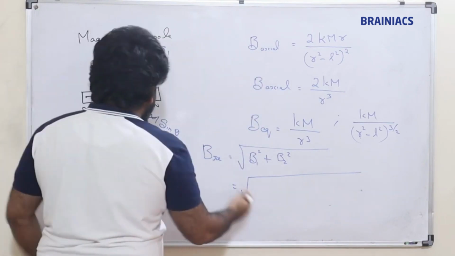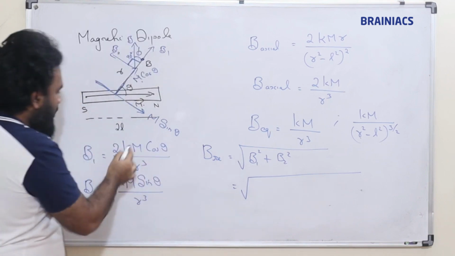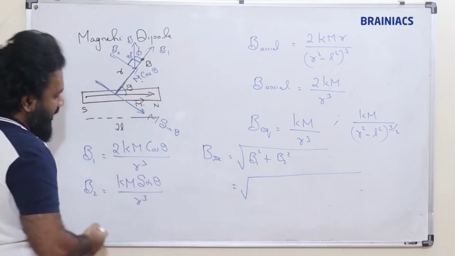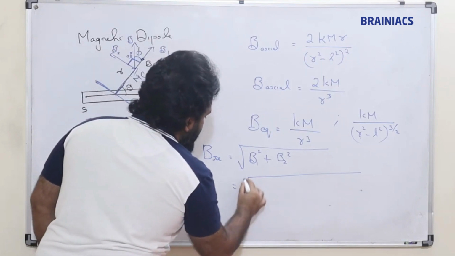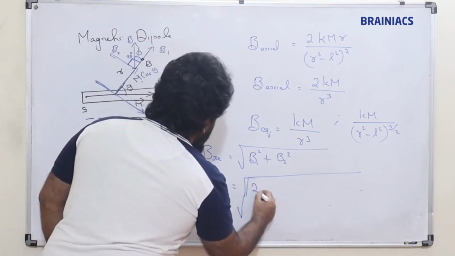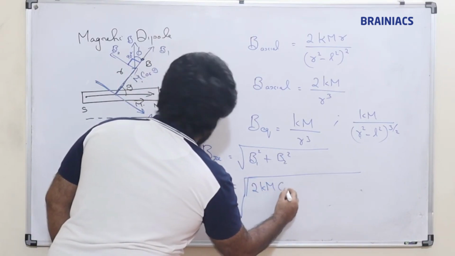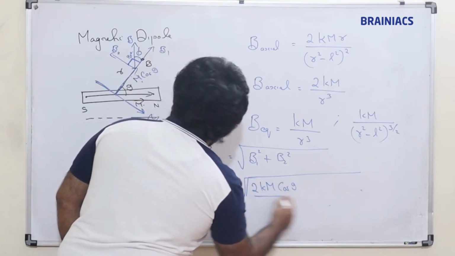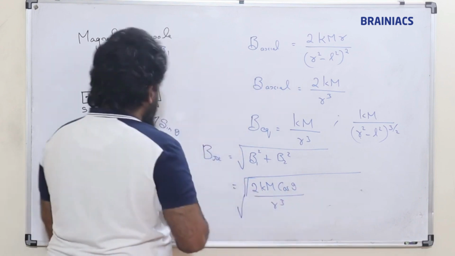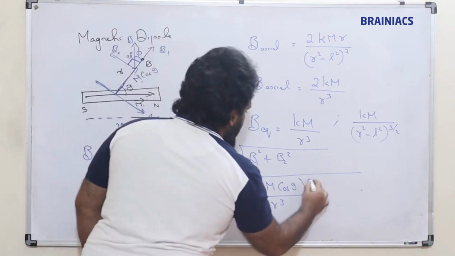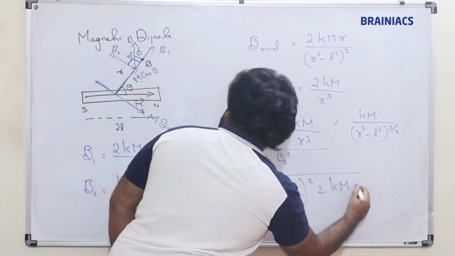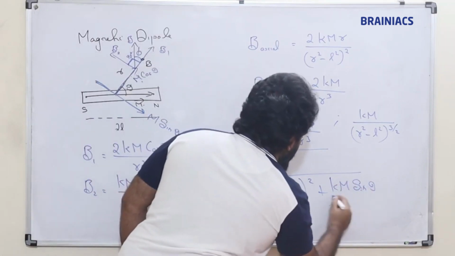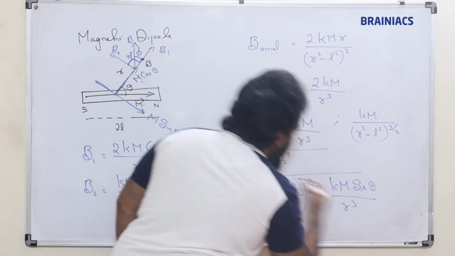Now when we take this, B1 square will be 2km cos theta by R cube, squared, plus km sin theta divided by R cube, squared.